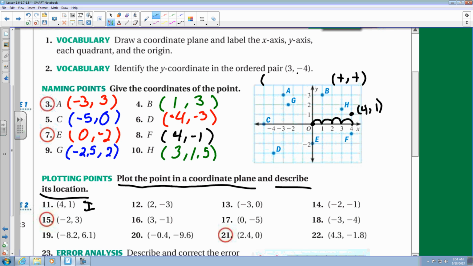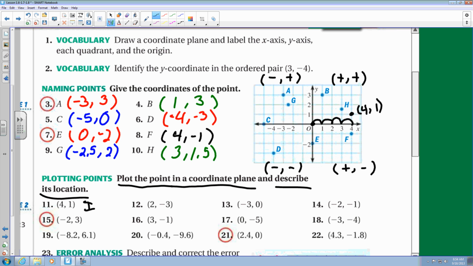If it's in quadrant 2, my x is going to be negative and my y is going to be positive. If it's in quadrant 3, my x is going to be negative and my y is going to be negative. If it's in quadrant 4, my x will be positive and my y will be negative. So that's another way to help you figure out which quadrant it may be located in.